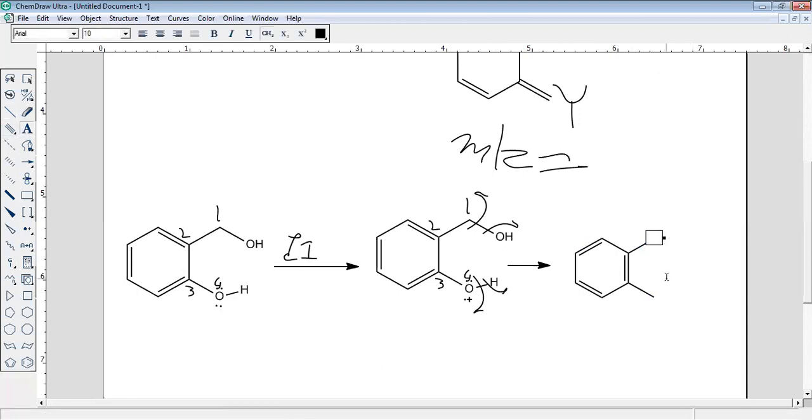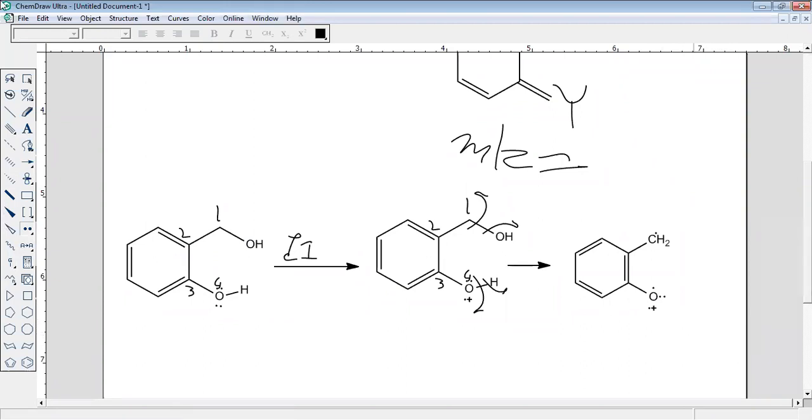So we can write CH2 with a dot on it, right? Similarly here oxygen with a dot on that, and there is one radical cation, lone pair like this, and one extra lone pair of its own like this.